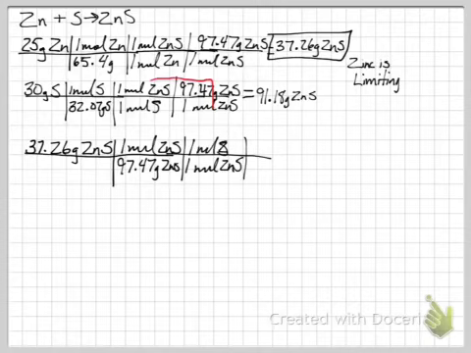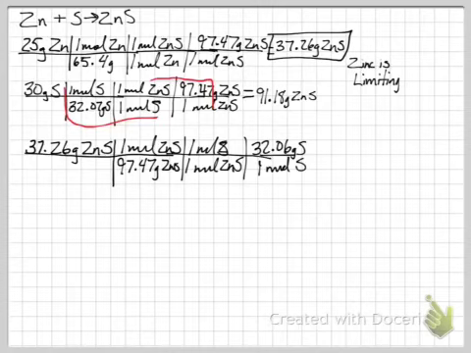Now, going back to my excess reactant, which we said is sulfur, again, I have all the information that I need. So it's a matter of copying it into place. Once I've put it into place, multiply and divide, I find that in this reaction, to produce 37.26 grams of zinc sulfide, I'm going to use 12.26 grams of sulfur.